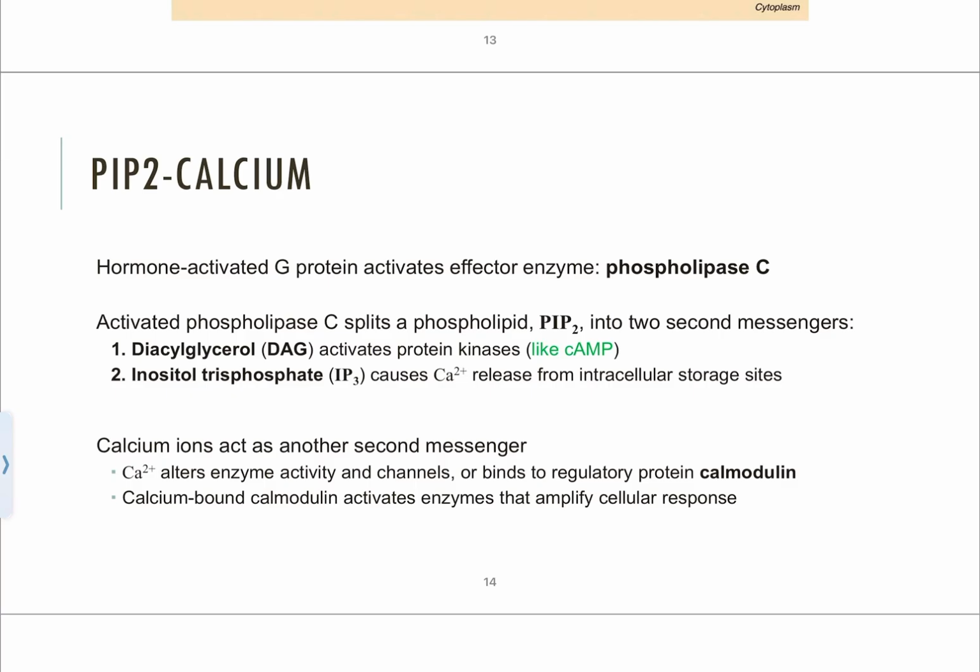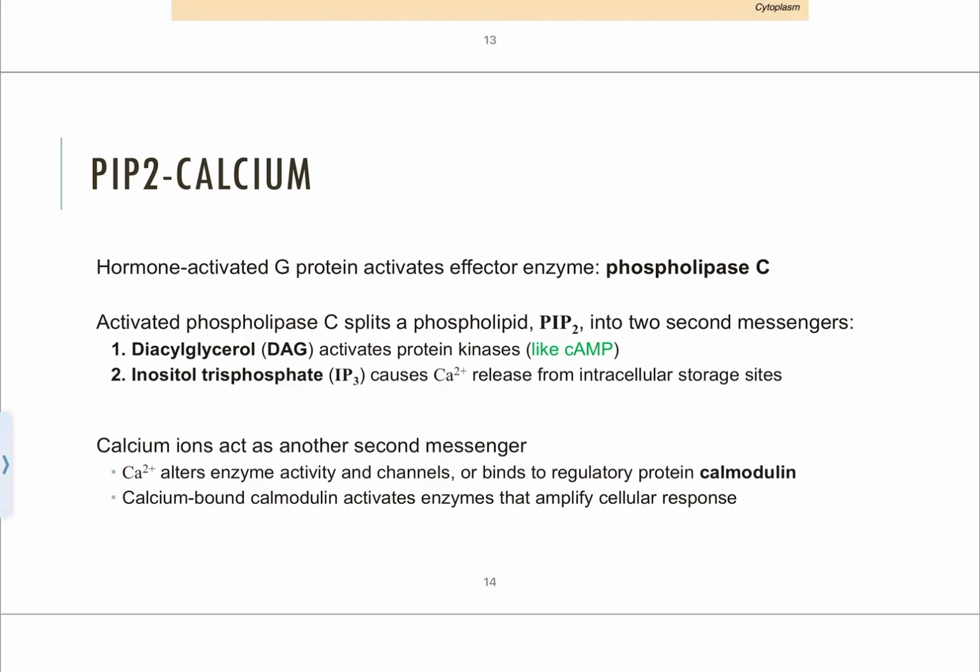So if we're talking about the PIP2 calcium system, we have DAG that can go on and act as a second messenger, just like we saw with cyclic AMP. We also have IP3 that can act as a second messenger, and we also have calcium ions that can act as another second messenger. And calcium ions play huge roles, which you probably remember from skeletal muscle and your bone as well.